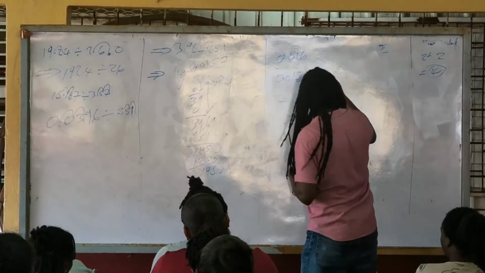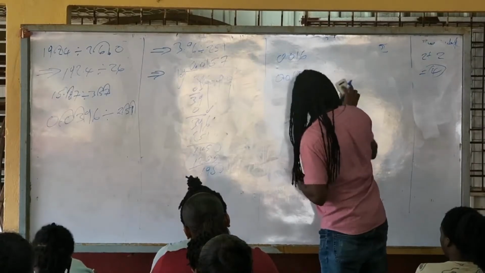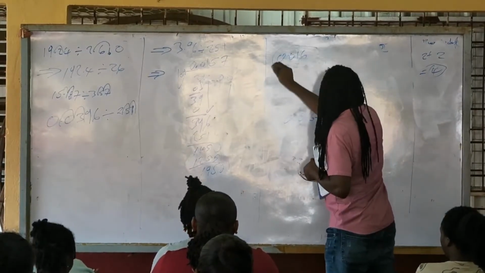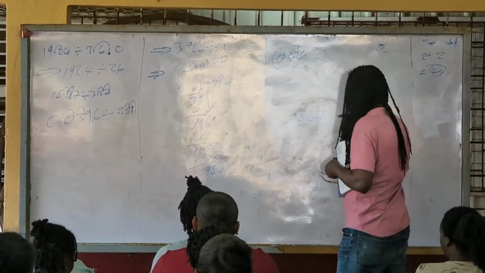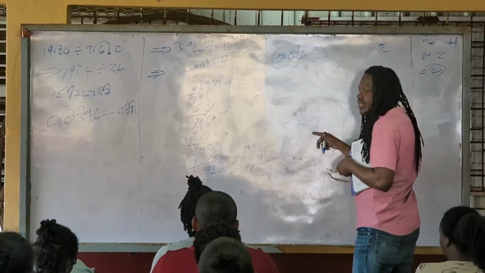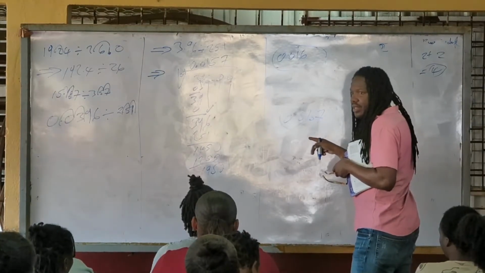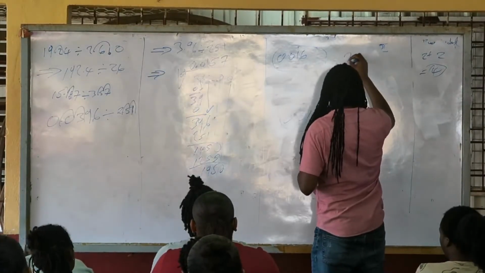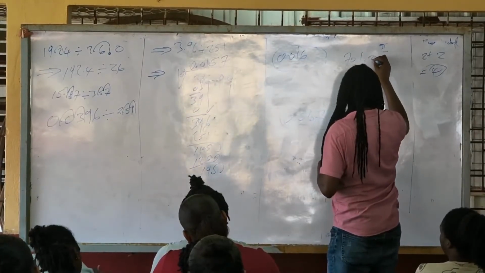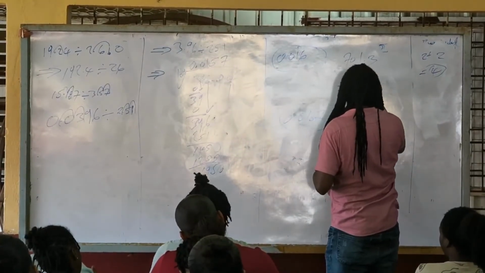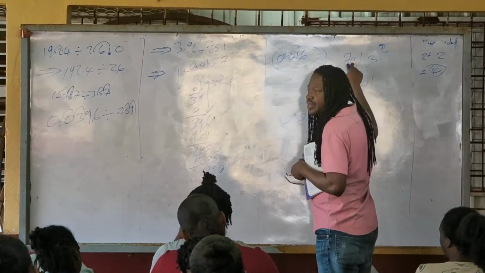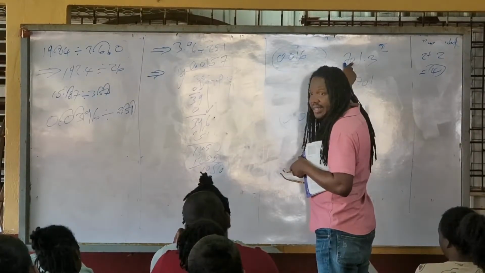So if they did ask you to say to 3 decimal places, it would have been this. But to 3 significant figures, it would have been this. Everybody understand that? So 0 can be trapped. 701.3 to 3 significant figures is 701 because 0 is trapped. You see that?